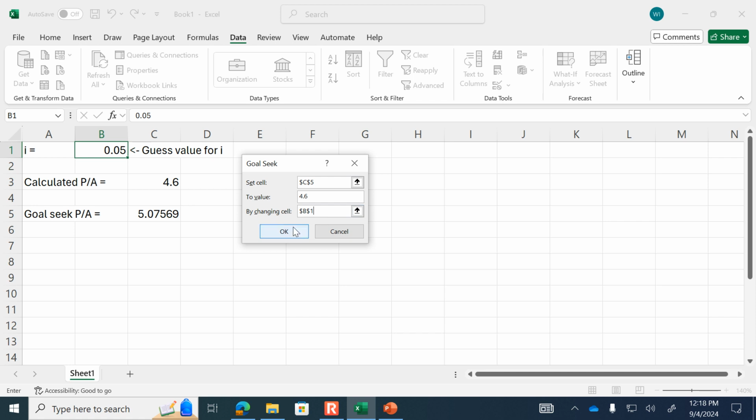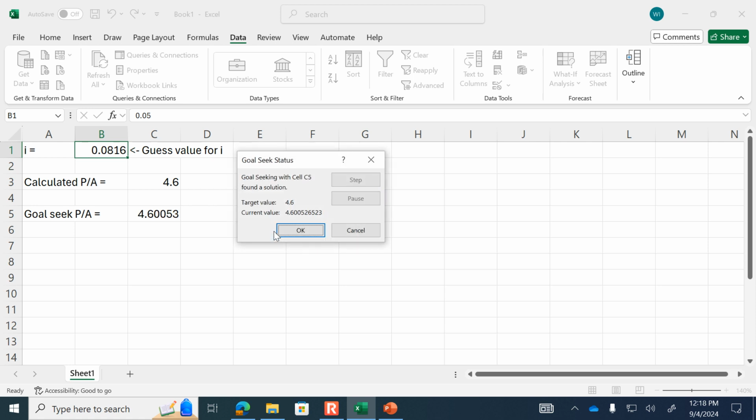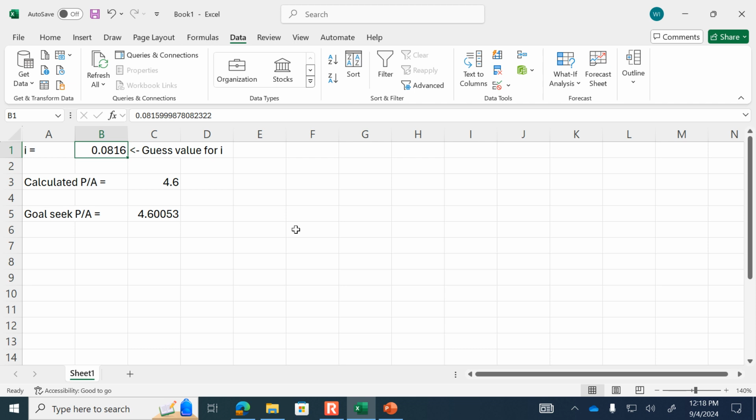And so I'll click OK, and as soon as I click OK, the numbers are going to change really quickly, and in less than a second, it's going to tell me the interest rate that we already knew, 8.16. So that's what we had calculated with Wolfram Alpha. Excel tells us the same thing. It's just another way of solving an equation for the unknown I value.